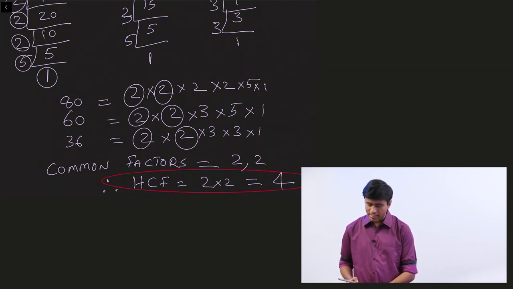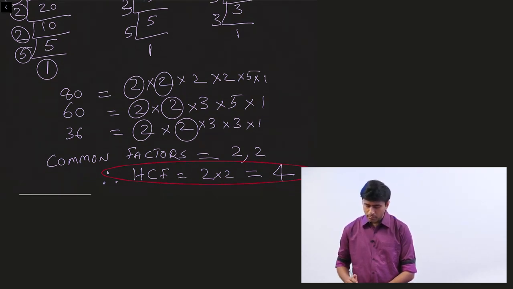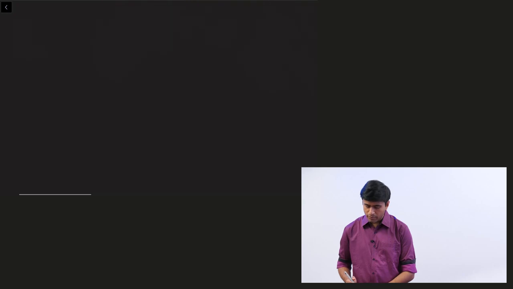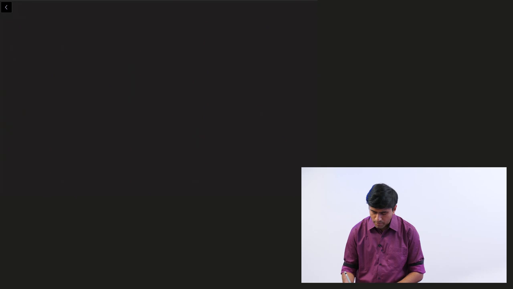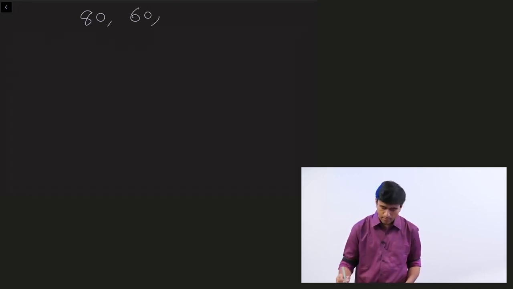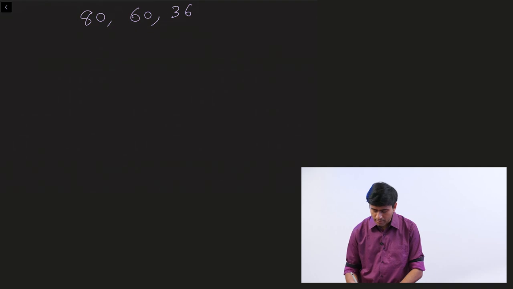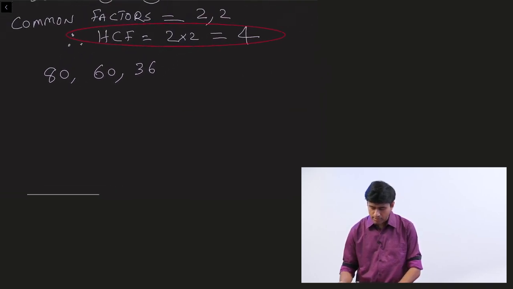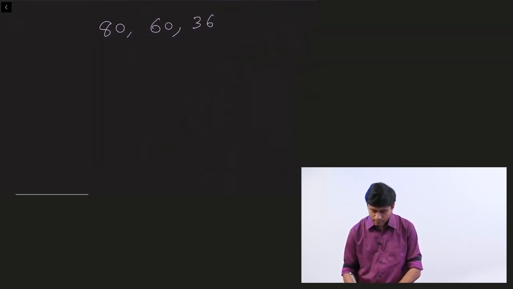Let's look at the second method, long division. Let's find the HCF using long division. We are taking the same numbers, 80, 60 and 36. In this method, the first step is to divide any 2 numbers.